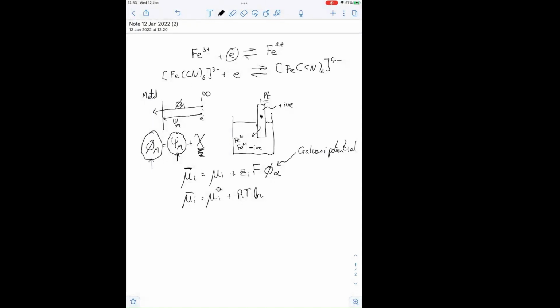And a concentration term in thermodynamics, just to be rigorous, should be an activity. An activity is the thermodynamic concentration of species i, plus the potential term.